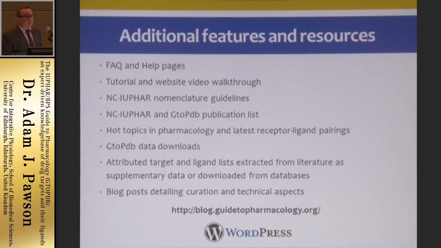If you wish, you can download all the data in our database. We also provide target and ligand lists extracted from the literature as supplementary data to large reviews on drug targets, and a blog post which details curation and technical aspects of the database.